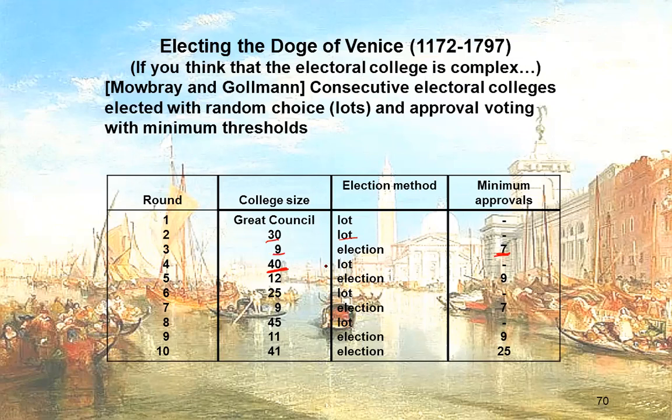Then randomly out of those 40, 12 are elected. Then by approval voting with at least 9 approvals, 25 are elected, and so on. Then 9 randomly, 45 by approval voting, 11, and finally there are 41 electors that elect by approval voting with the minimum number of approvals of 25, they elect the Great Doge.